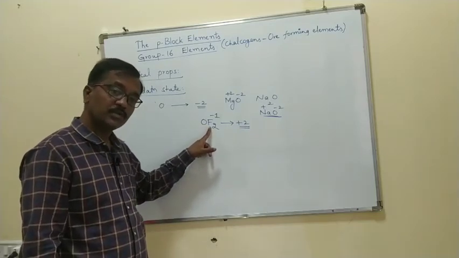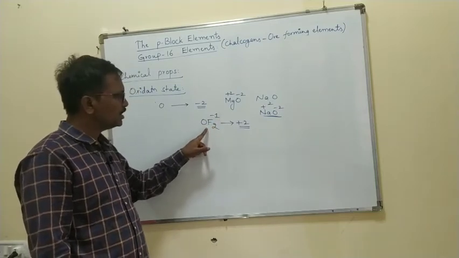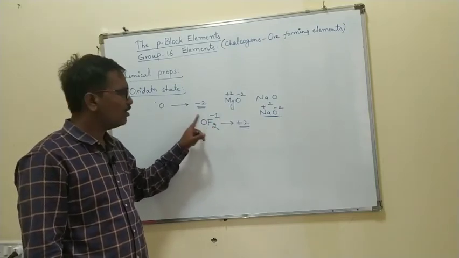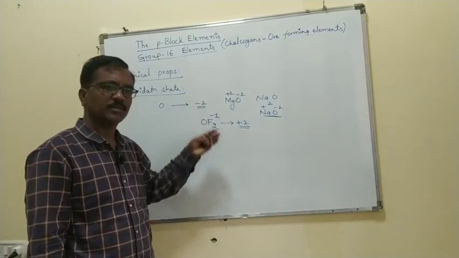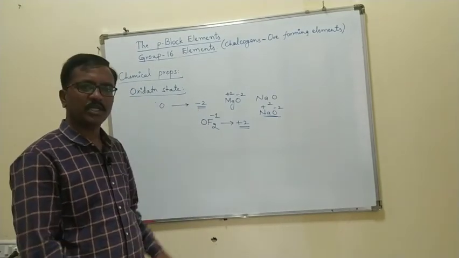Fluorine is more electronegative than oxygen, so fluorine gets the negative charge and oxygen gets the positive charge. Except for this, in all other general cases, oxygen's oxidation state is -2.